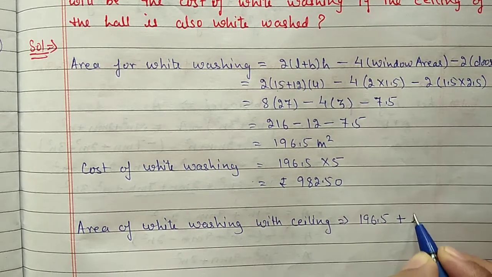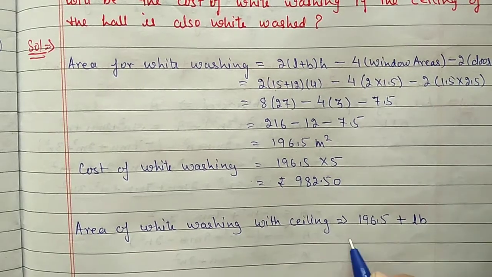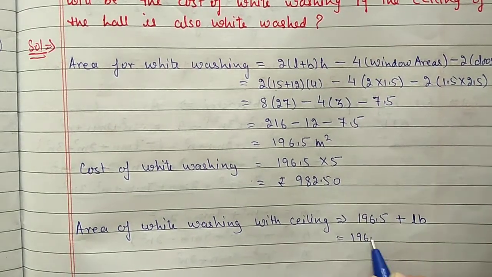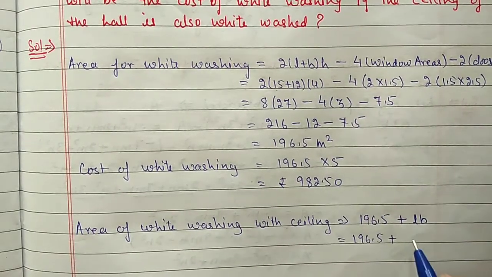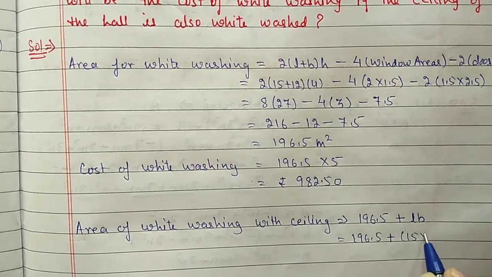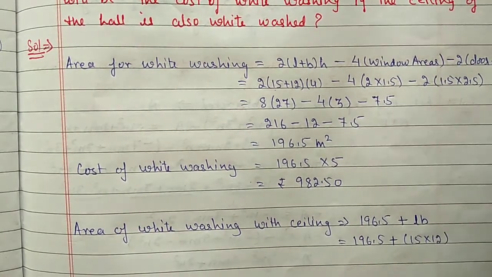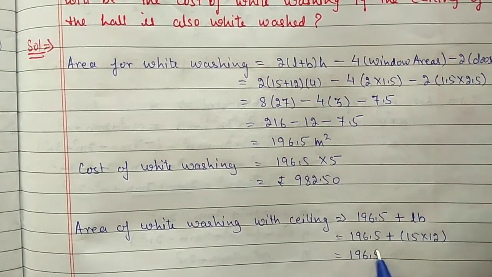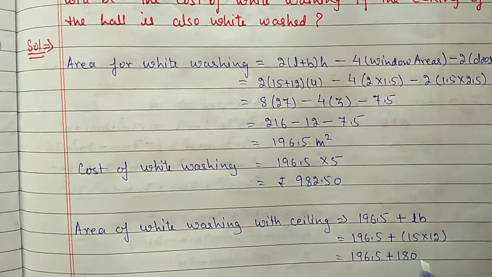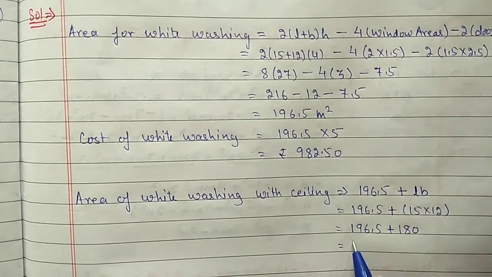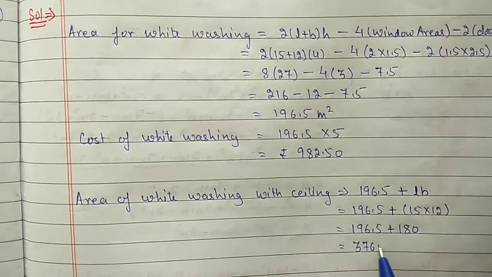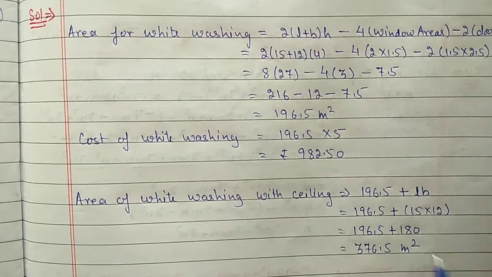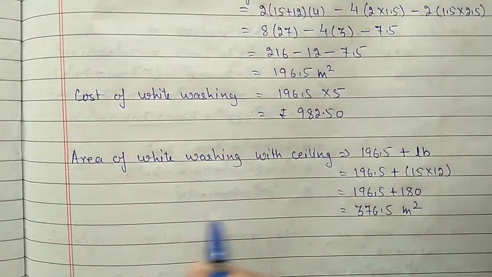The ceiling will be of floor size, length into breadth. We will substitute values here. Length is 15 meter and breadth is 12 meter. This we will get 180. So 196.5 plus 180, total will be 376.5 meter square.